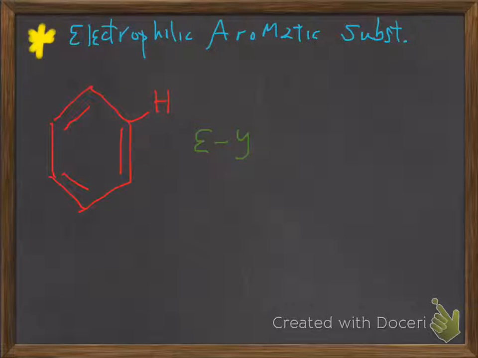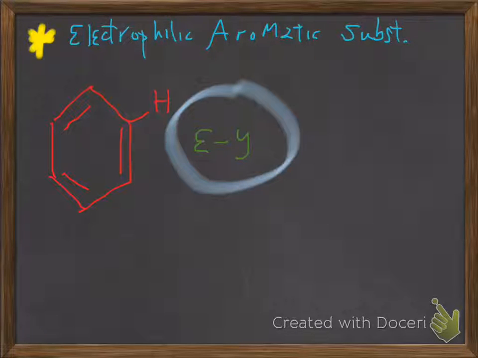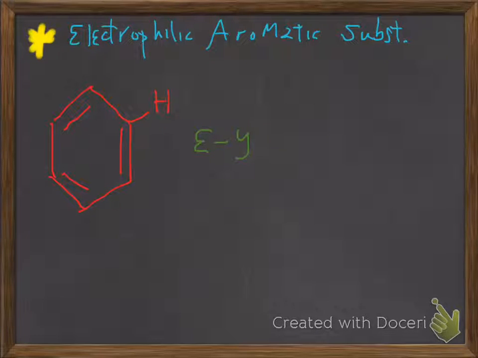Okay, and to review, if we look at our generic nucleophile-electrophile compound, which side of this is delta positive and which side is delta negative? The delta positive is the part that is less electronegative, so it's the E. That's the delta positive side.